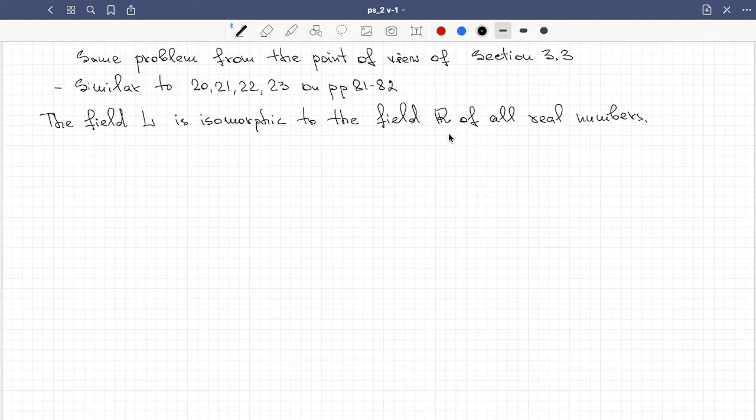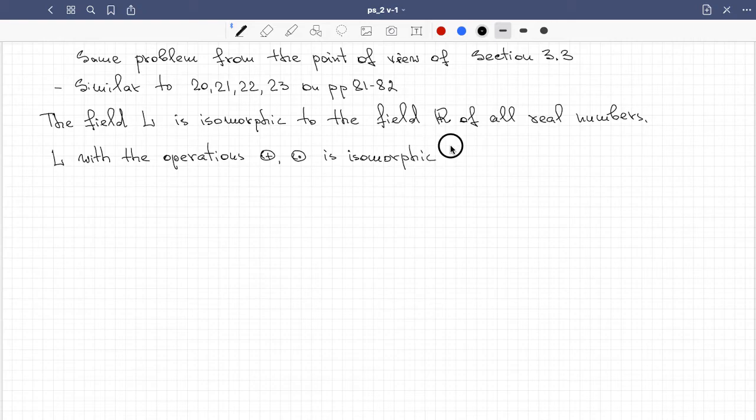So, a solution to that problem would be a reformulation of this statement: L with the operations defined above is isomorphic to the field R of real numbers.